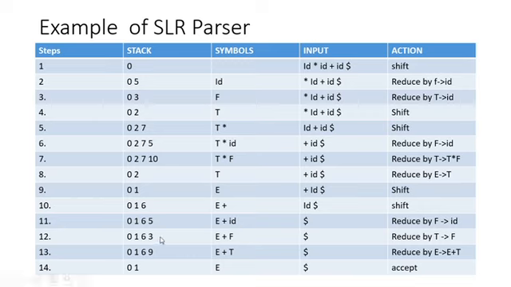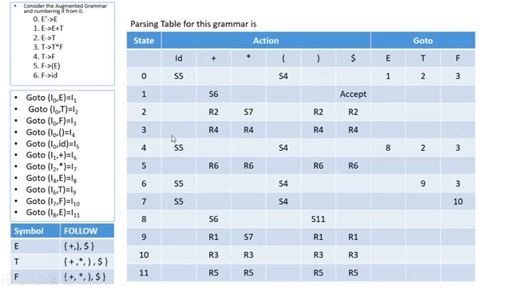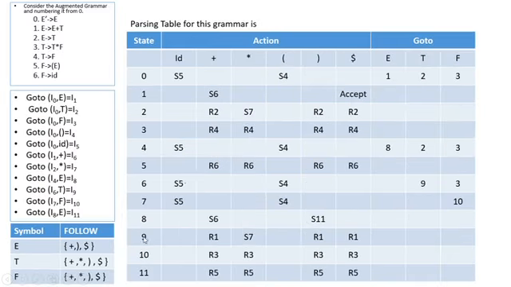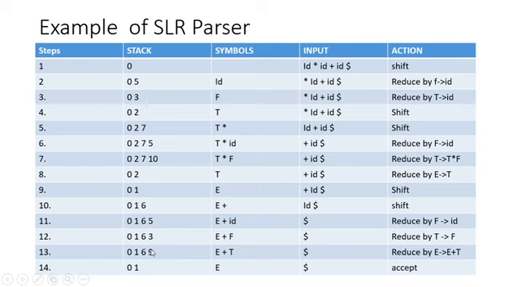So there I have made a correction, so it gives you 3. Again the same thing, 3 with dollar will give you R4. R4 is T derives F, so F will change to T, exposing 6. 6 with T will give you 9, so it gives you 9 here.